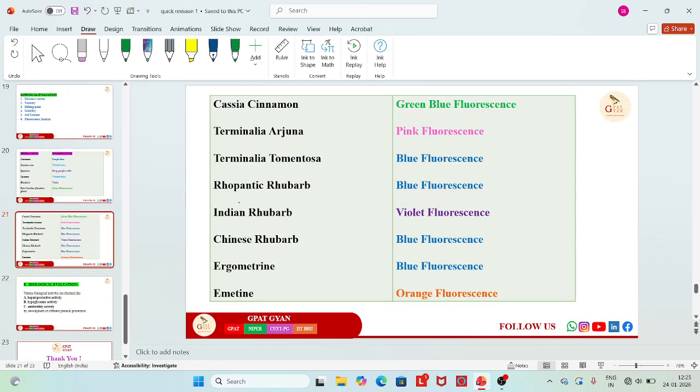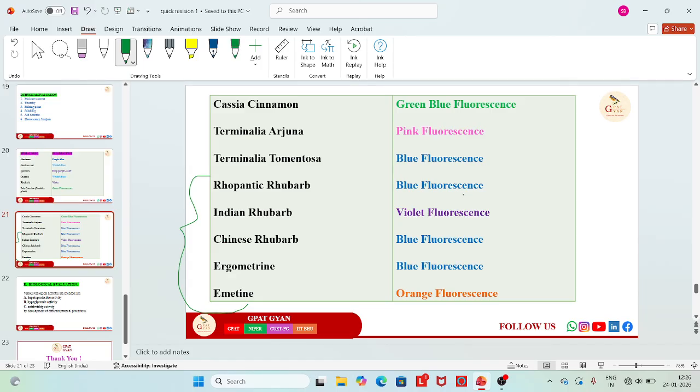And cassia cinnamon is giving green blue fluorescence. Terminalia arjuna is pink. Tomentosa is giving blue. Rapontic rhubarb, Indian rhubarb, Chinese rhubarb, the last of these are very important, and that is why I have given multiple mock test questions from there.